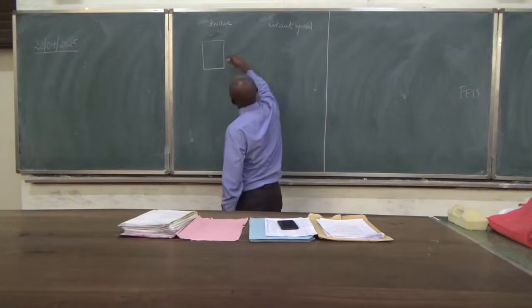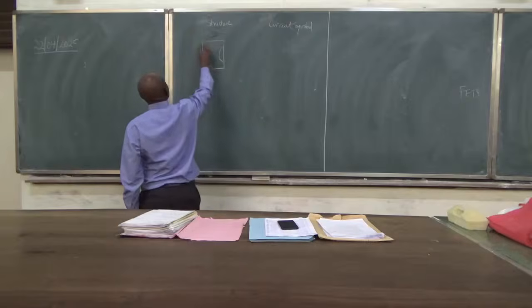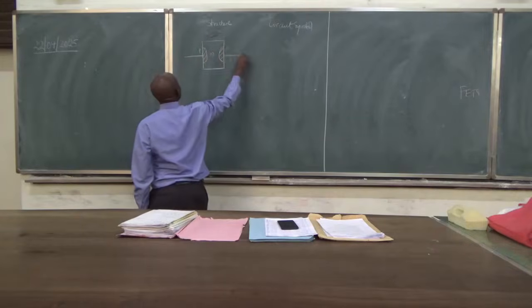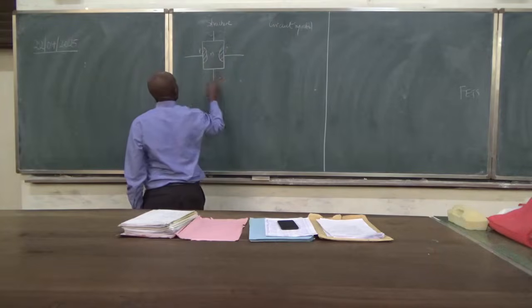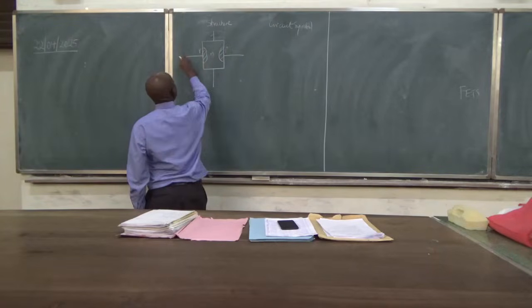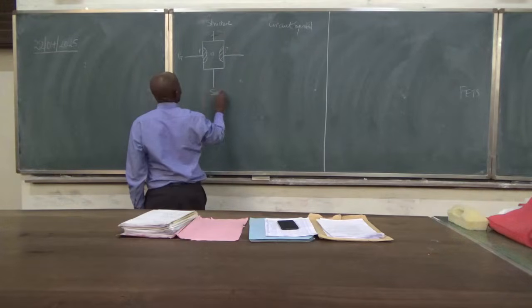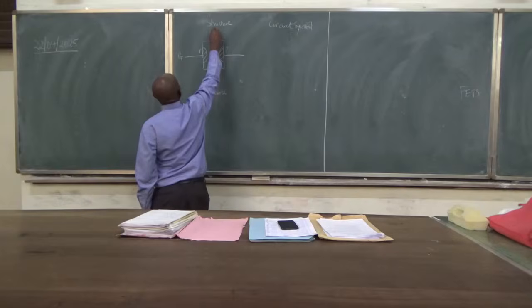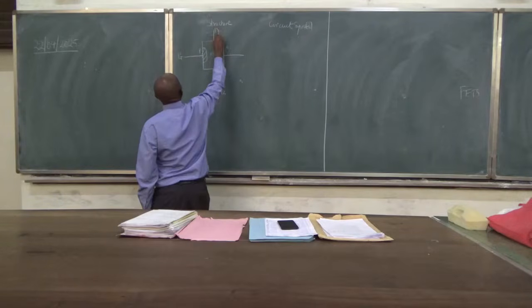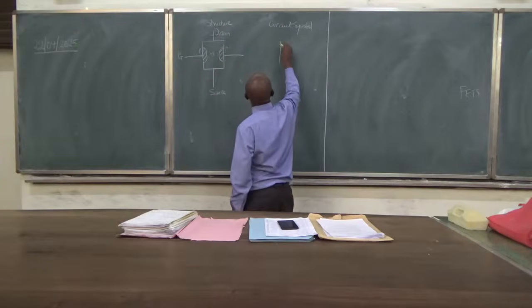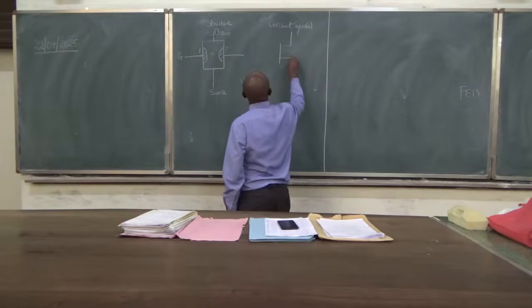And all I needed was, it can either be a P, then NP, then you have these parts. So you have the gate, these are the same. Then you have the source, and these, what? Drain. And then you can draw it in this form.